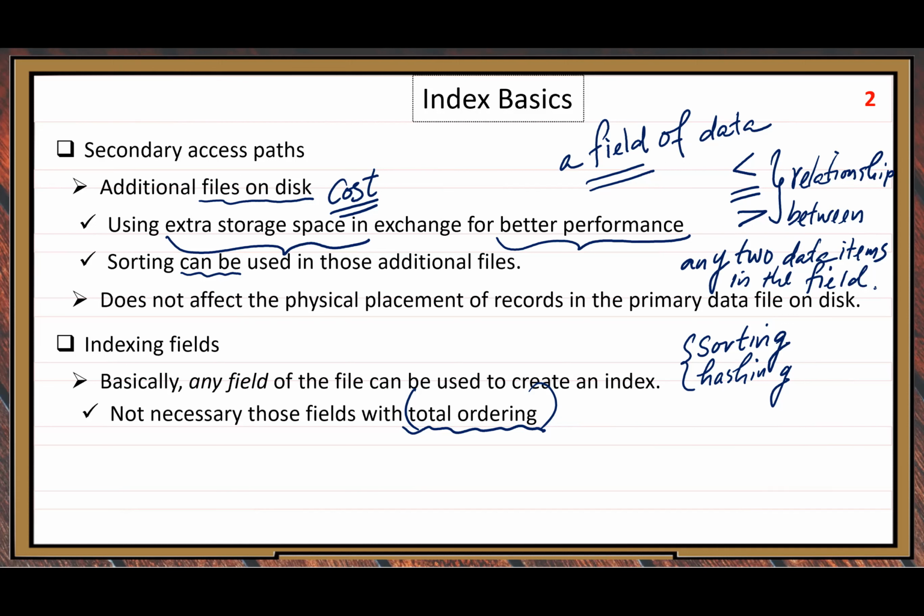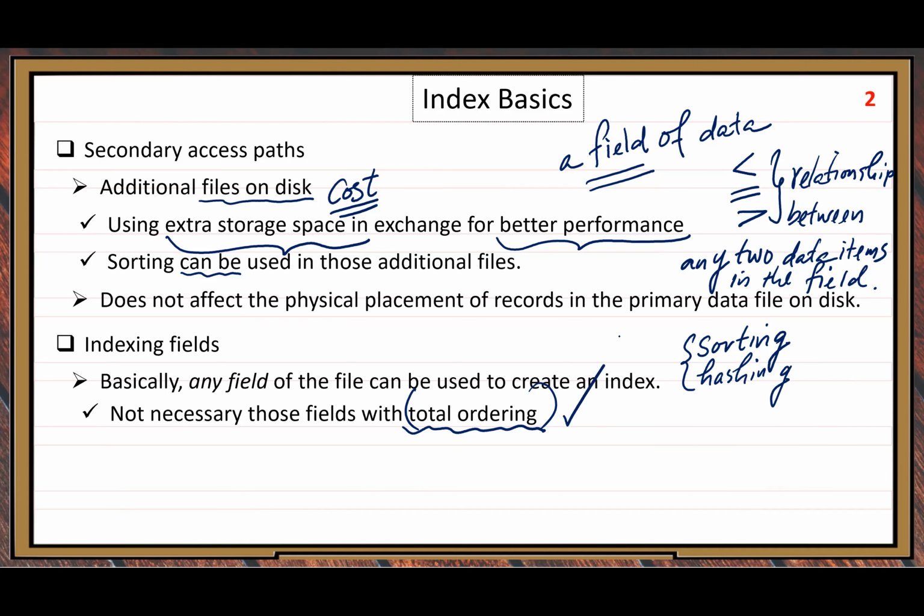You randomly select any two data items in that field, and you can always find this kind of relation: either the first one is less than the second one, or they are equal, or the first one is greater than the second one. If you have that property, that means this field has the total ordering property.